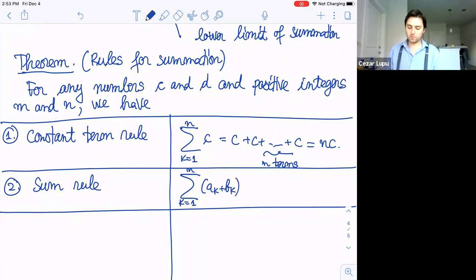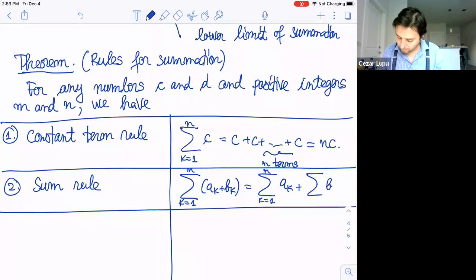So we have two terms here, right? And we can say that this is the sum of ak from k equals 1 to n plus the sum of bk from k equals 1 to n. Okay, this is the sum rule.